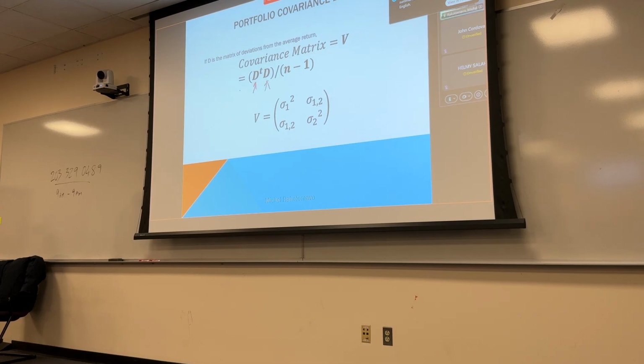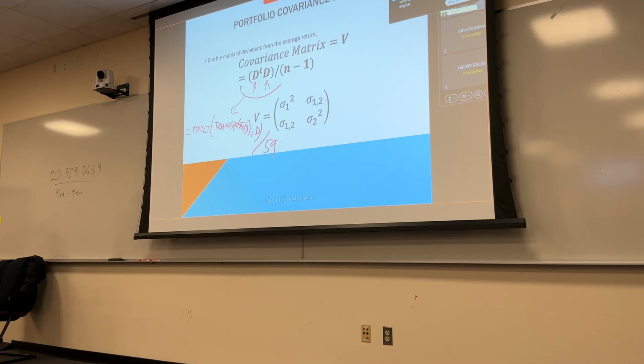So if we convert it into Excel, it's going to be multiply the transposed D with itself, right? And then we divide it by 59.